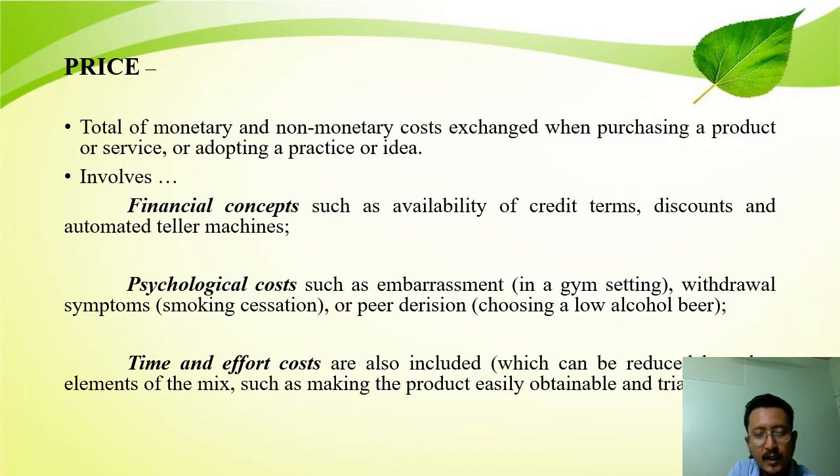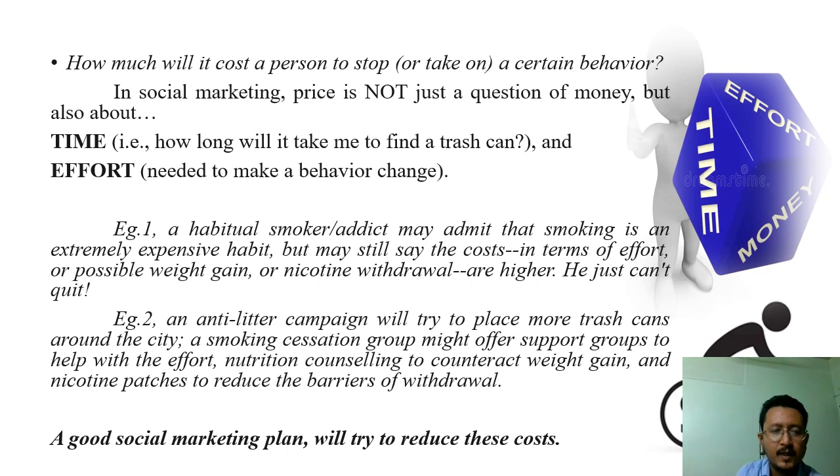Now, how much will it cost a person to stop or take on a certain behavior? That is the question that marketers have to ask themselves in this aspect of pricing.